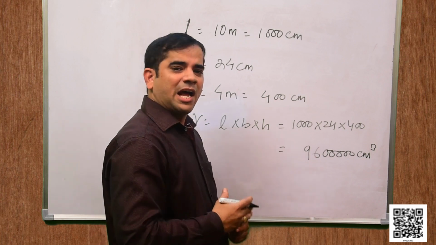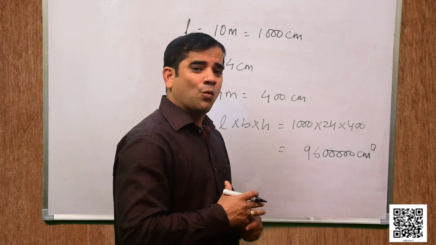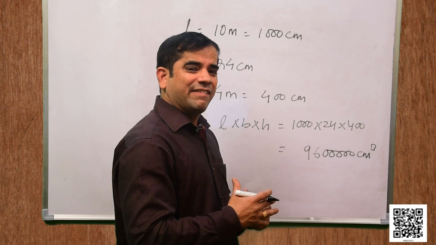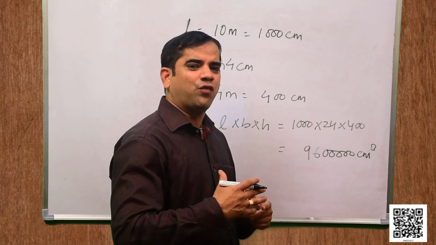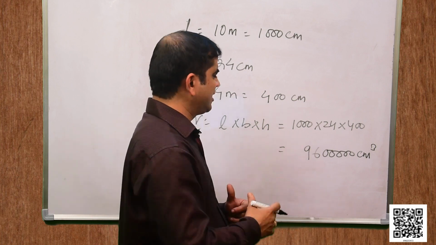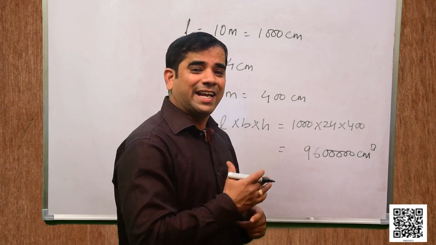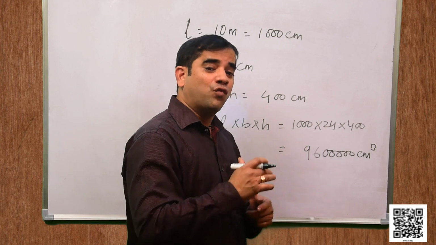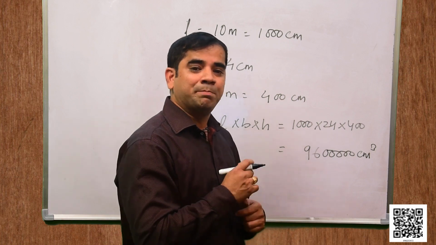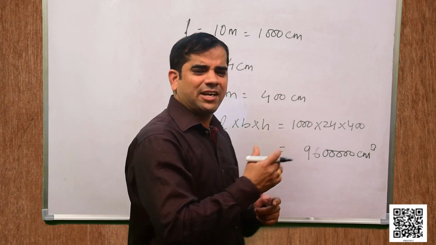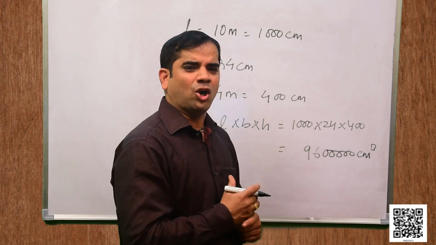Okay. Now, you might be thinking, why in your book it is given as 1000 into 24 into 400 centimeter cube? Because we need to find the number of bricks. So, in a later stage we need to divide the volume by the volume of each brick. So, it will be easier for the calculation, not to worry.